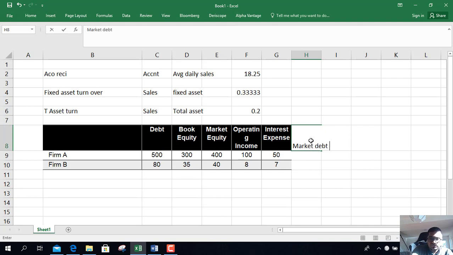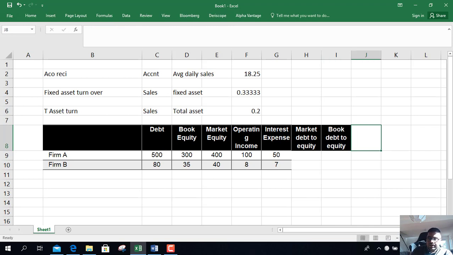So for each firm we have to calculate market debt to equity ratio, then book debt to equity ratio, and interest coverage ratio.